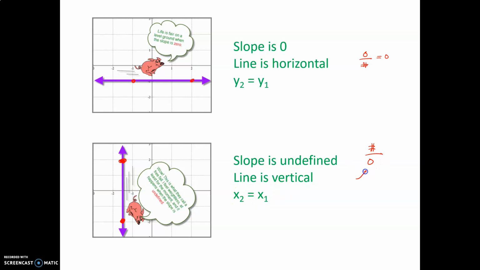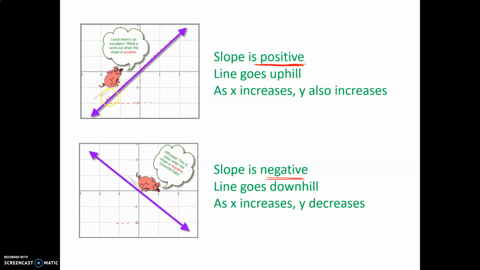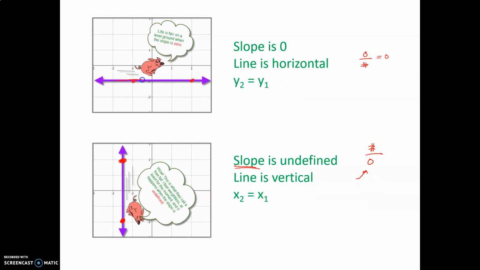If you take your calculator and put any number on the top and then divide it by 0, you're going to get an error message because you can never divide by 0. So this slope is considered undefined. I also think of this as you're going uphill, so positive, downhill, you're going negative. Here you're just not going up or down, so you're at a 0.